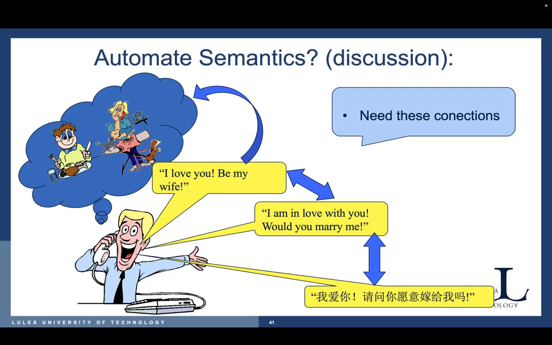So the automation between the different forms of conveying the same meaning, and the link from the communication form to the actual content. So let's spend maybe 5 minutes. You discuss based on existing technologies. How would you approach solving this? What are the challenges? And let us discuss the feasibility of this.